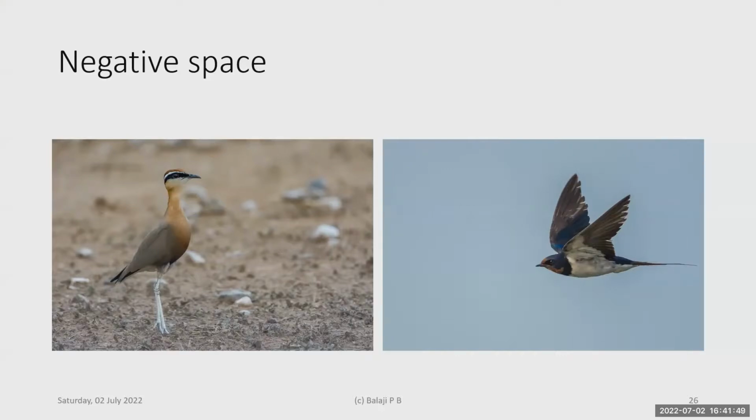In photography terms, we call this negative space. And this is true when you're photographing people doing things, like moving, walking or running, or even looking. It really improves the picture.